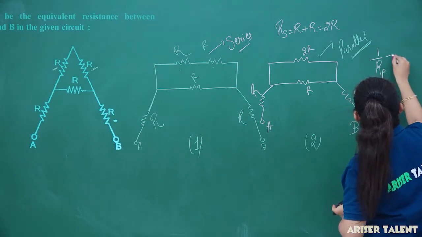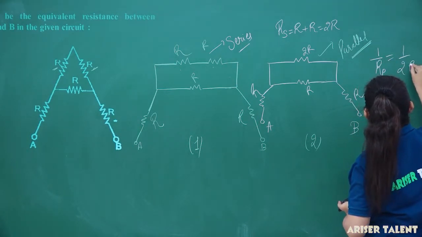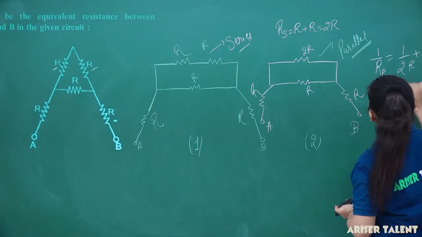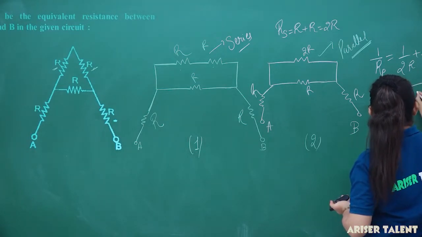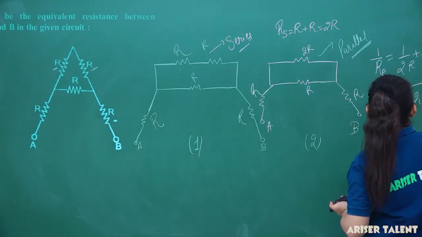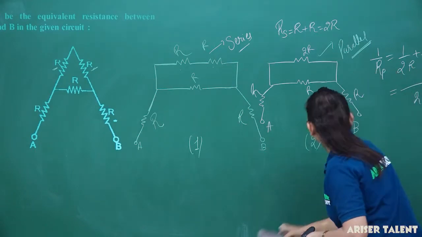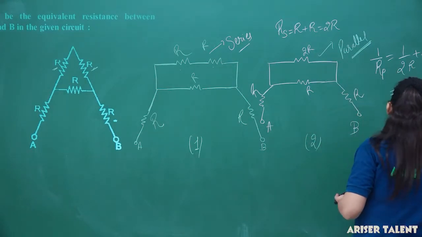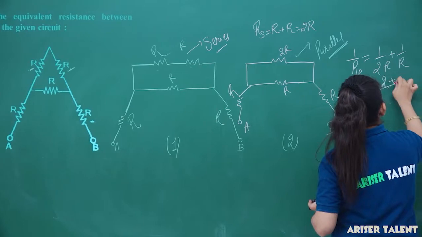1 upon Rp will give you 1 upon 2R plus 1 upon R. LCM came out to be 2R. LCM will be R, and you will get here 2 plus 1.